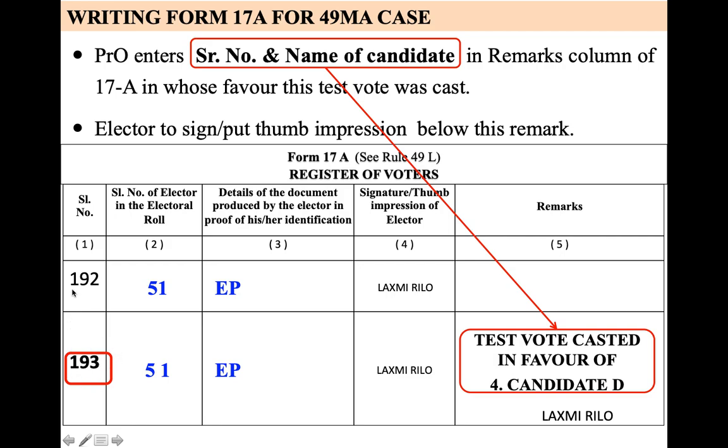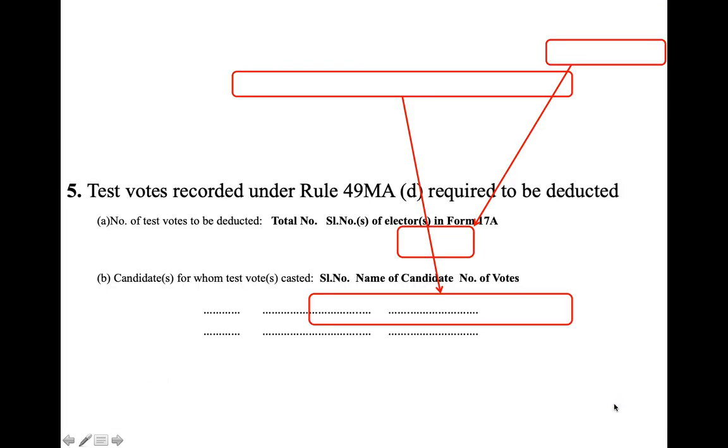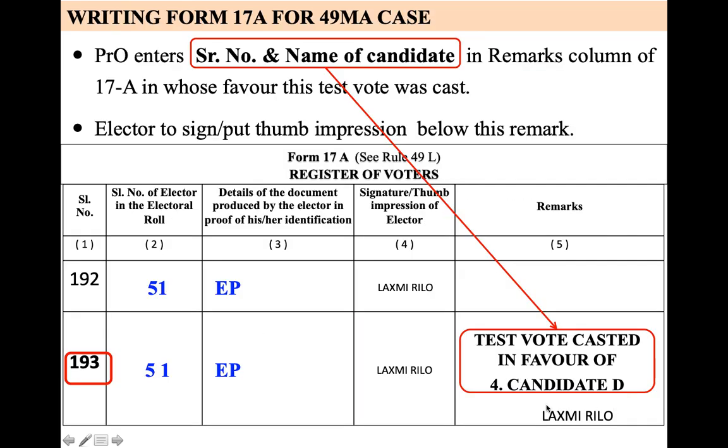She was actually serial number 192, but in the second entry she will be given serial number 193 and the same details will be entered, and in the remark column we will enter that a test vote has been cast. In this case we will also mention in whose favor Lakshmi Relo cast her second vote, her test vote, and we will also get her signature.